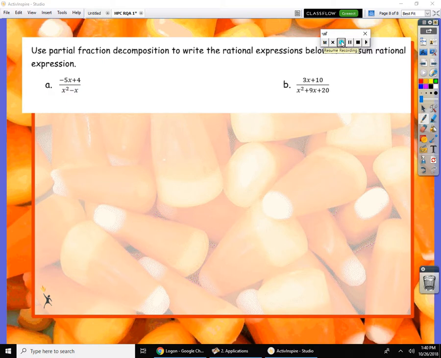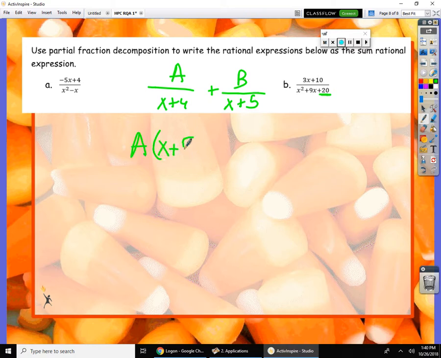Okay, same thing. I'm going to factor the denominator. Two numbers that multiply to 20 and add up to 9 are x plus 4 and x plus 5. So then I get a times x plus 5 plus b times x plus 4 equals 3x plus 10.